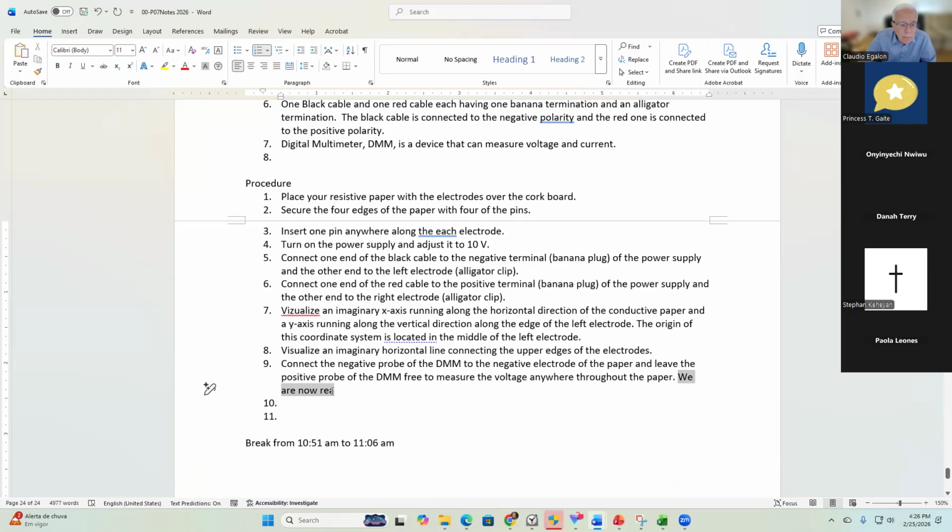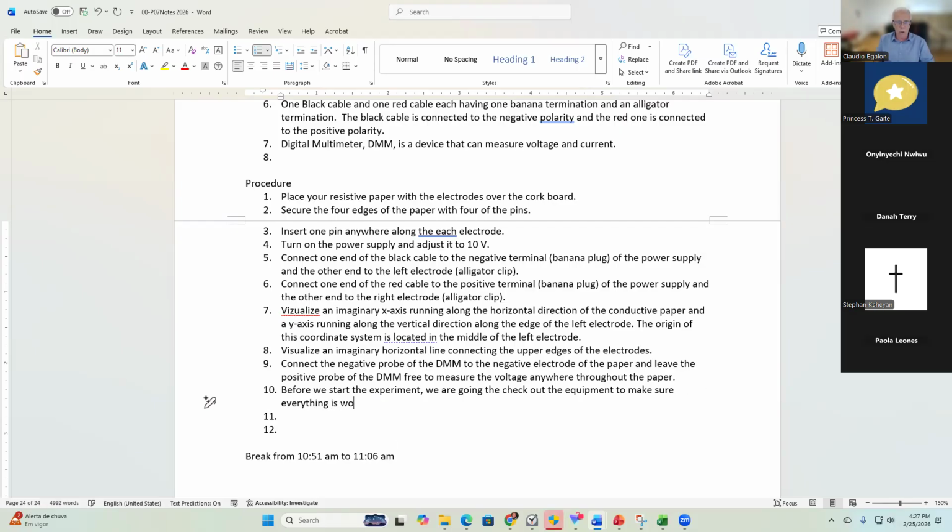Now we are about to start the experiment. But before we start the experiment, we are going to check out the equipment. That's the last step before we start, to make sure everything is working perfectly.